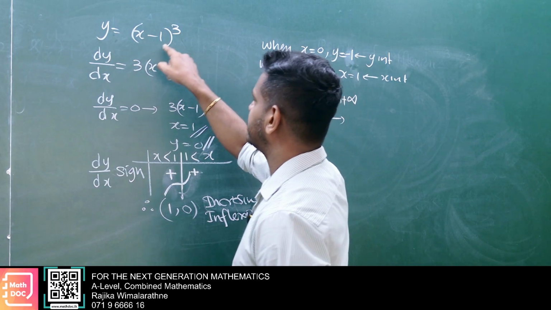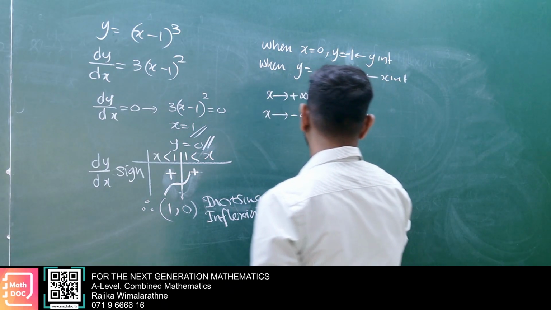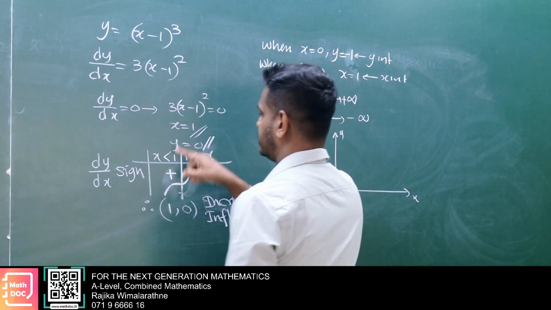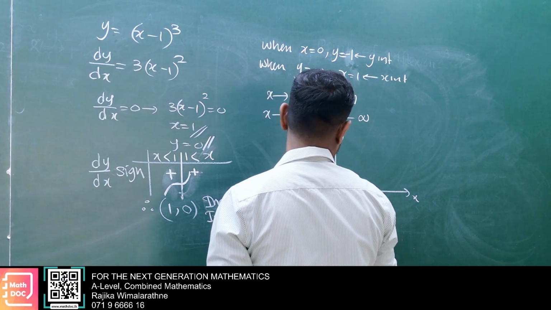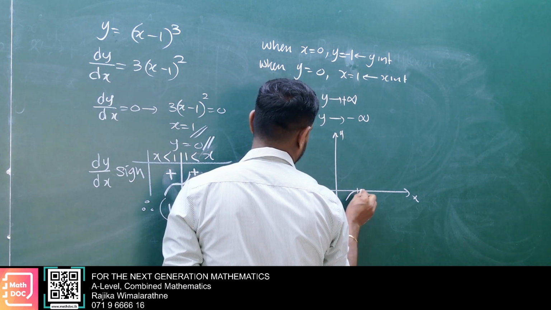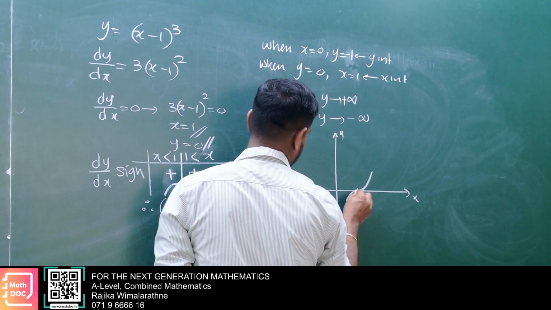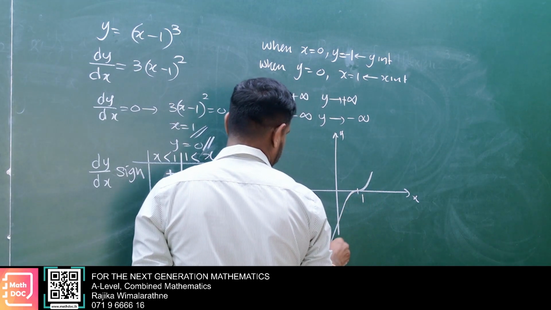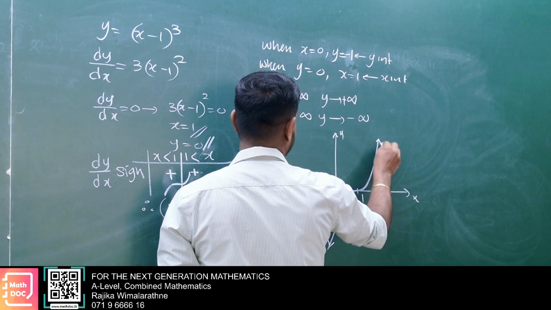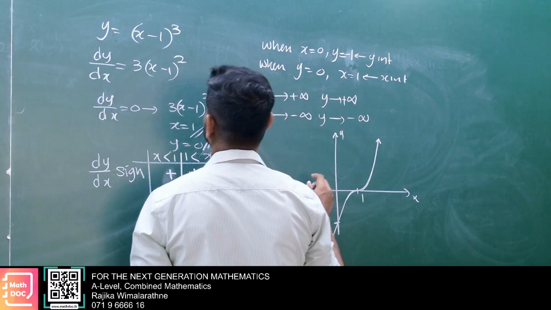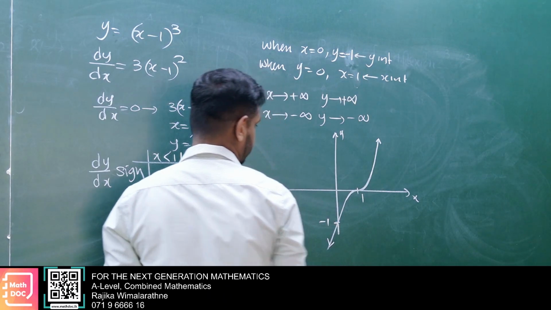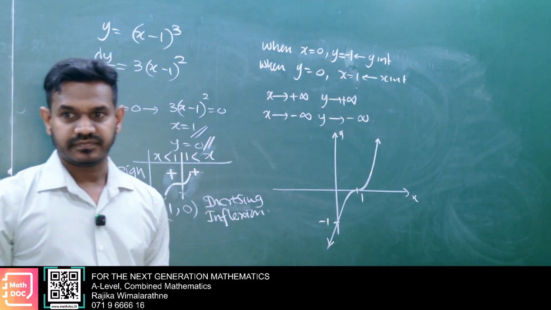As x goes to minus infinity, y goes to minus infinity, since minus infinity cubed is minus infinity. Now here x-axis, y-axis, first mark the critical point, (1, 0), somewhere here. At that point, increasing inflection: it goes like this, horizontal, then changes. As x goes to minus infinity, y goes to minus infinity; as x goes to plus infinity, y goes to plus infinity. Here the y-intercept, minus 1. That's the graph.